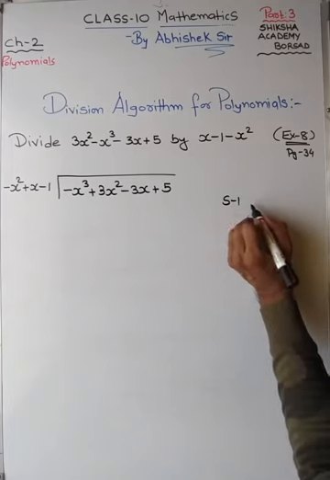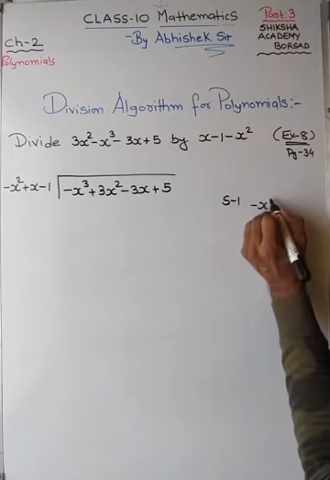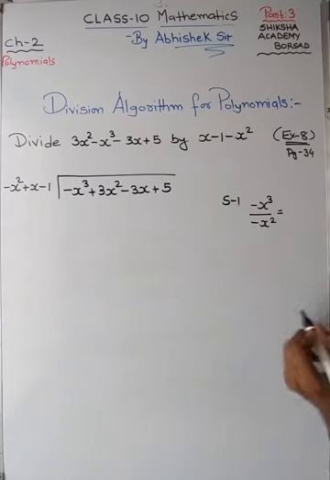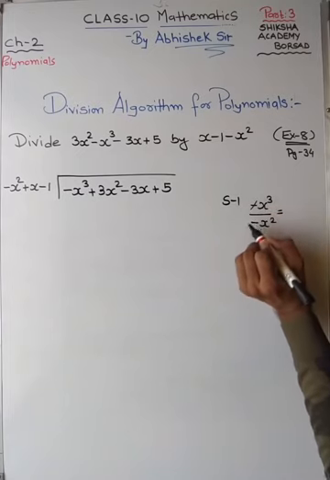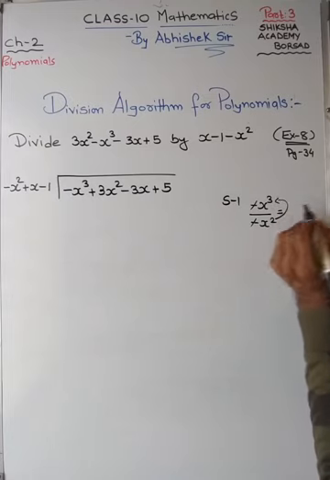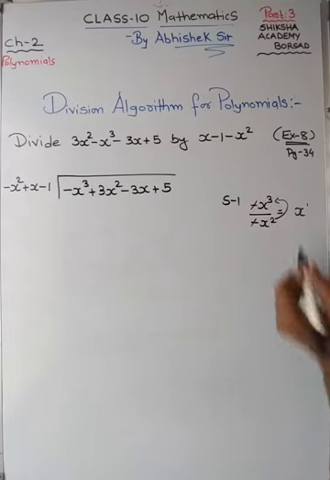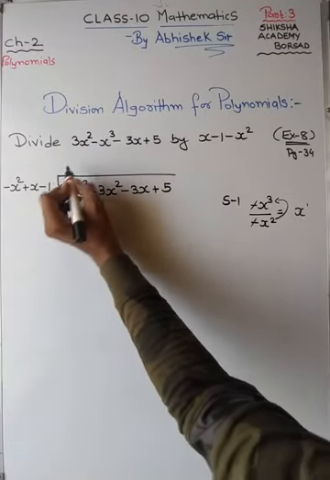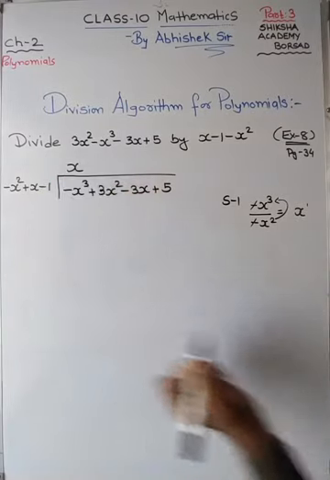Step 1, that is minus x cube upon minus x square, right? So minus minus will be cancelled, 2 will go upside, and 3 minus 2 will only be 1. So x will be our first number to be multiplied.